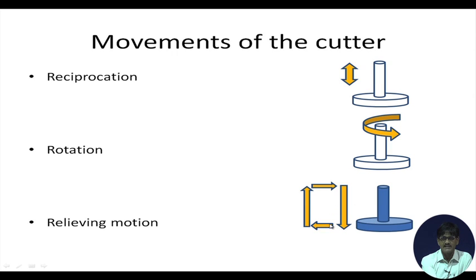So, it slightly recedes away and moves up, comes back to the original line of cutting and then comes down and carries out the next cutting stroke. So, this is a relieving motion. Okay. So, how many movements do we have here? 1, 2, 3.